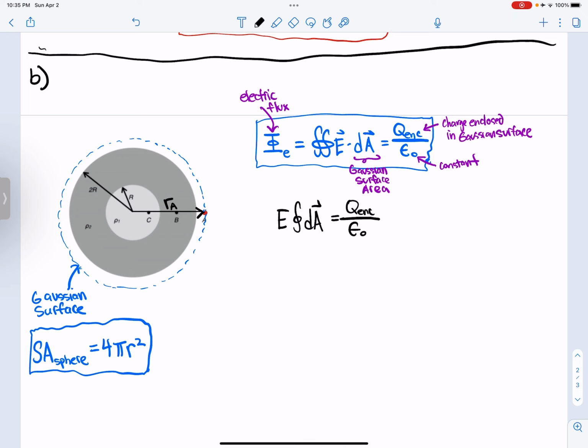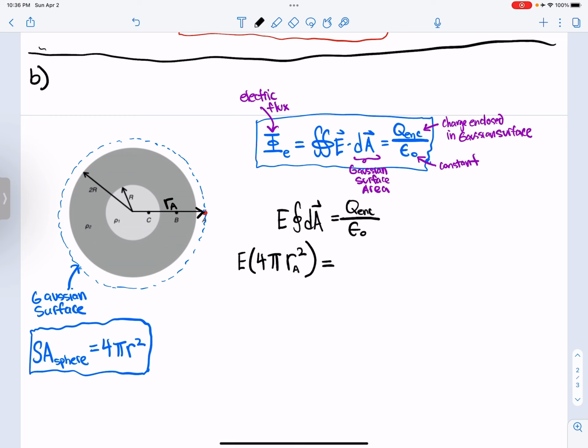Okay. My Gaussian surface area is a sphere, so I'm going to use the surface area for a sphere, 4 pi r squared. So that becomes E times 4 pi, and what is my radius for my Gaussian surface? It's RA, right? So then that would be RA squared.